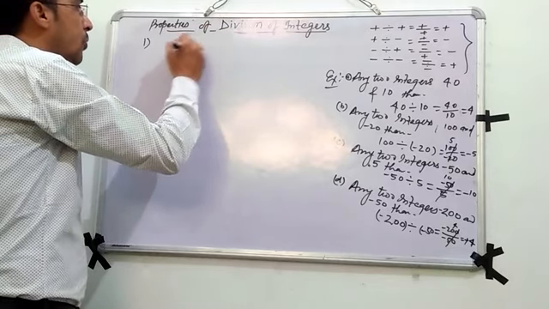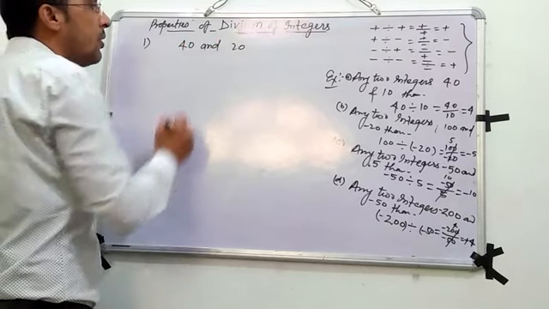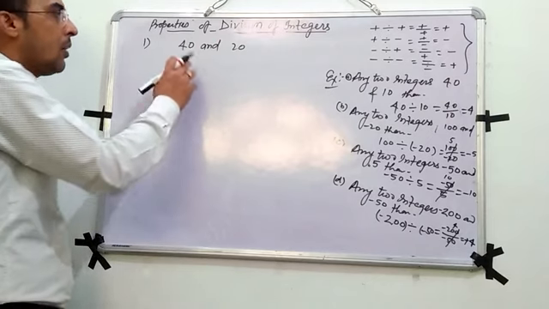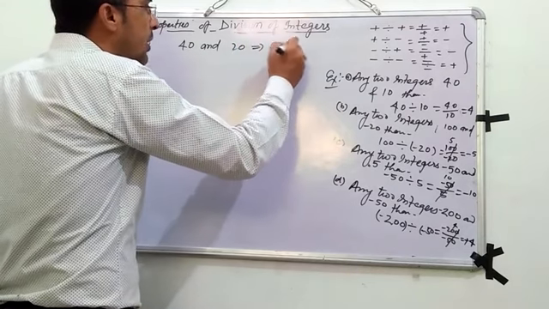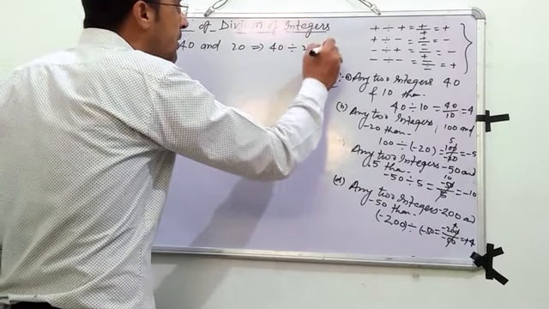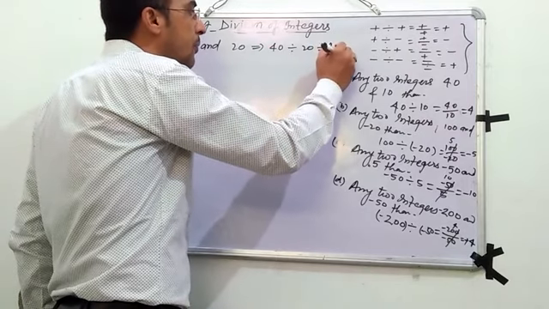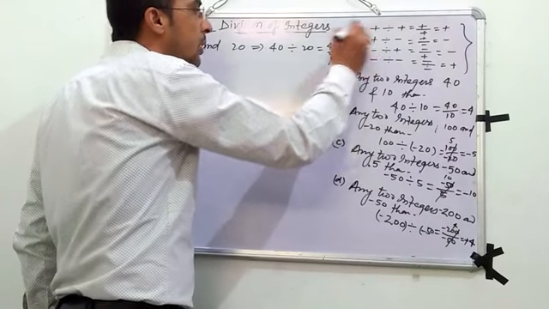suppose 40 and 20 both are integers, maybe negative, maybe positive, no problem. Then their division, 40 divided by 20, equals how many times? 2 times, then 2, and 2 is an integer.